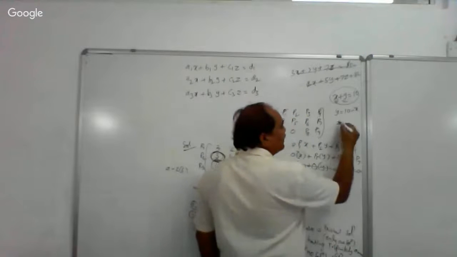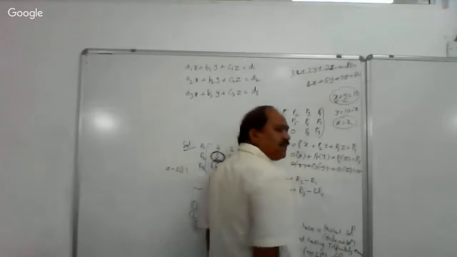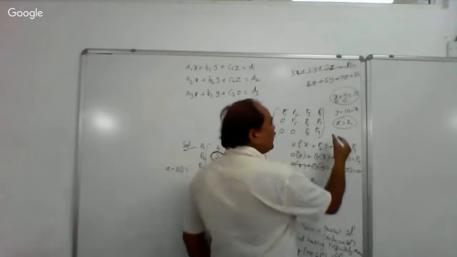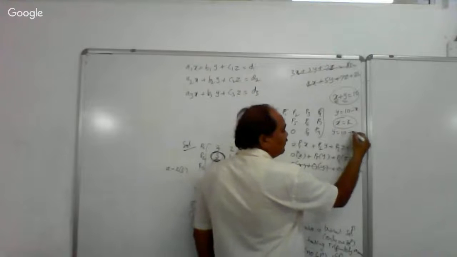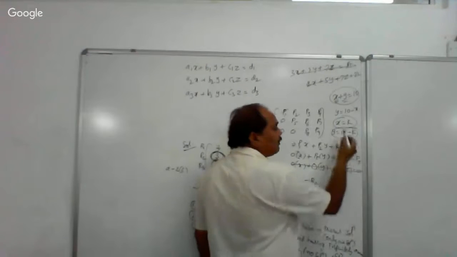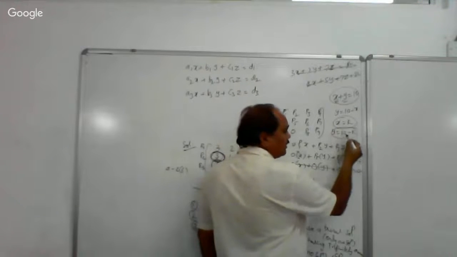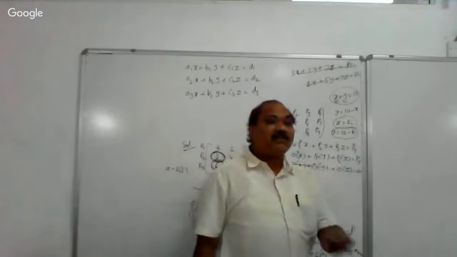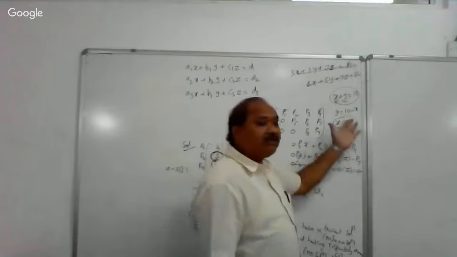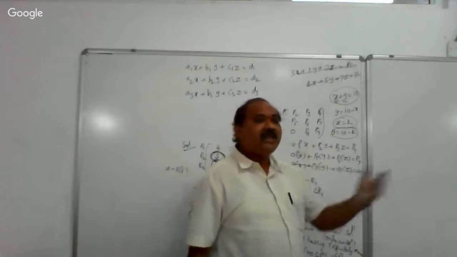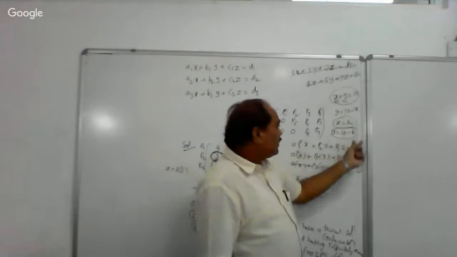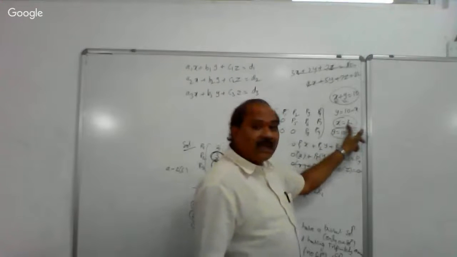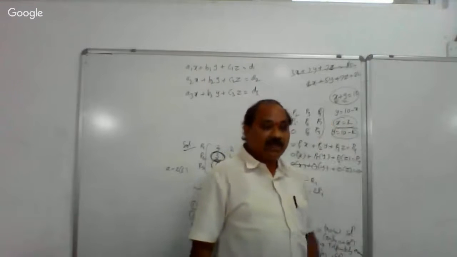By considering x as any real number k, x equal to some real number k, y equals 10 minus k. What are the x, y values? k comma 10 minus k. But what is k? It is not a fixed value. It may be 1, maybe 2, maybe 3, any real number. The y value depends on k. So here k has infinitely many values, giving infinitely many solutions.